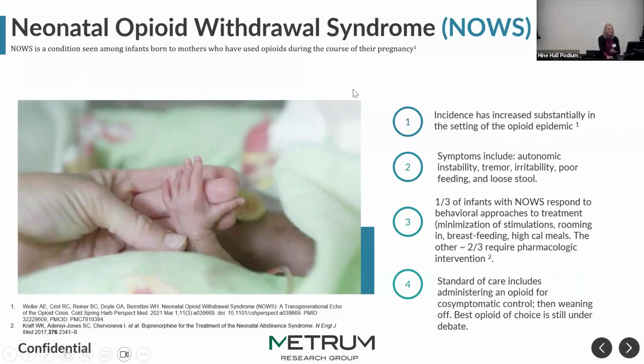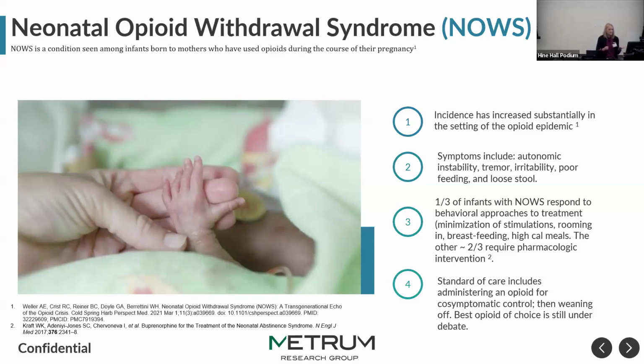I think it was hard to get recent data, and probably some of you in the room would know this better than I do, but I read that between 2016 and 2020, the incidence rate was anywhere from 6 to 8.8 per every 1,000 neonatal hospitalizations. So that's definitely increased in the last 30 years.